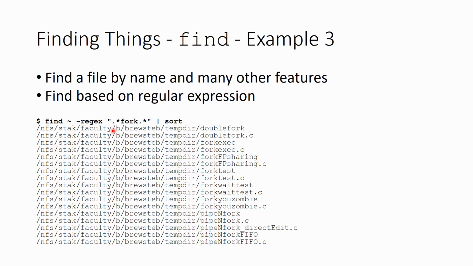So here I'm saying find anything that contains fork in it. I don't care whether it's in the middle, or at the beginning, or wherever it is, find it. And then whatever the result is, pass this through sort so that I get the file names back sorted. So I run this, and here are all the different testing programs that I've been writing as I go through these lectures that contain the lowercase word fork.